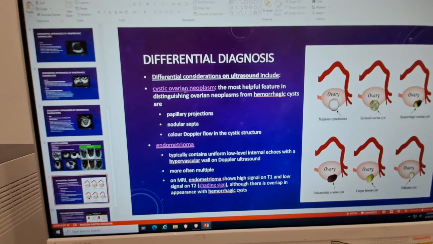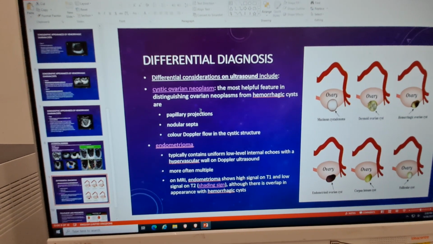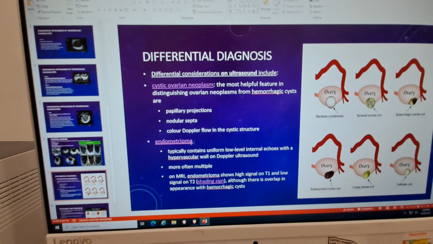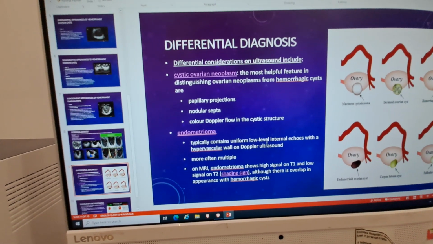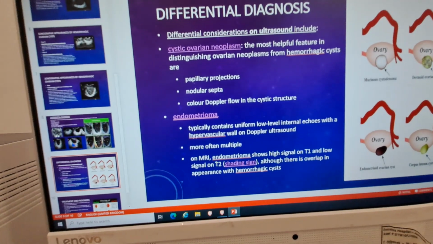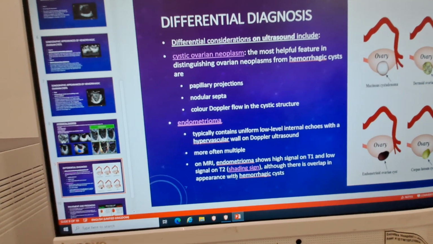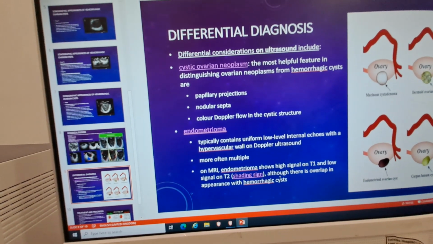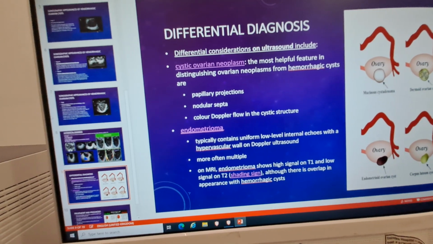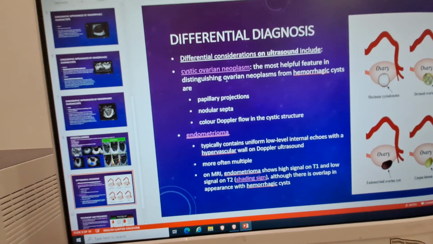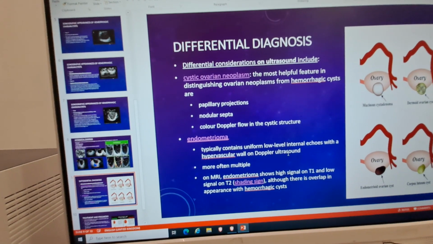Like a neoplasm in the ovaries with papillary projections, you have to see and exclude the hemorrhagic cyst. Endometrioma has some vascularity with a low level of internal echoes. You can exclude by MRI, and MRI can give us the answer. This excludes the hemorrhagic cyst because the teratomas, the hemorrhage, and the endometriomas have some solid mass, some solid components.